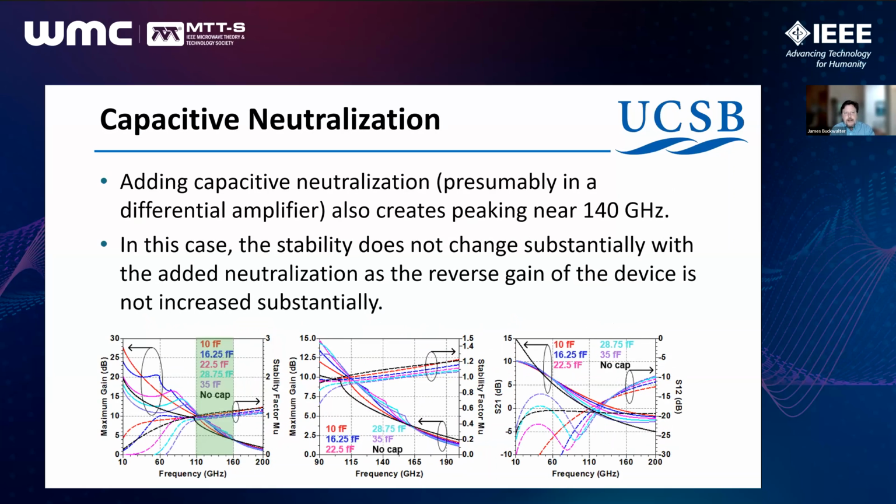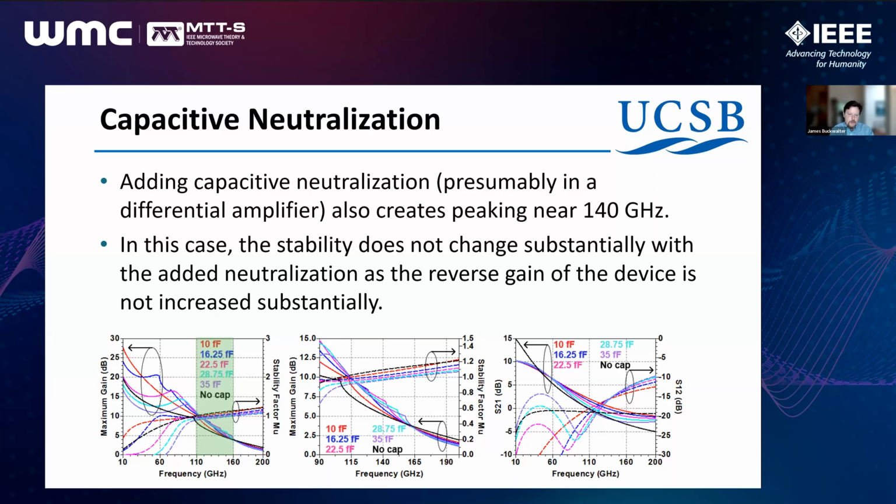On the other hand, capacitive neutralization is another way we can introduce feedback. And this would presumably be used in a differential amplifier, but there are ways to use neutralization in single-ended amplifiers as well. What this capacitive neutralization looks like, we have to zoom in a little bit more here. The green area on the left plot shows Gmax with increasing amounts of negative capacitance between the gate and the drain, and is then zoomed in on the right.